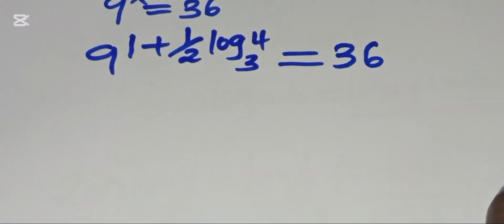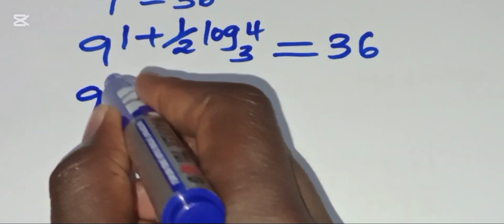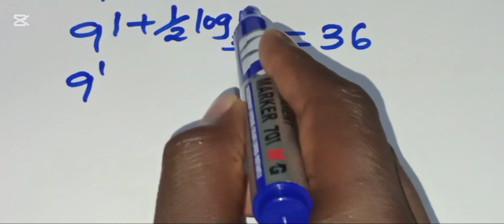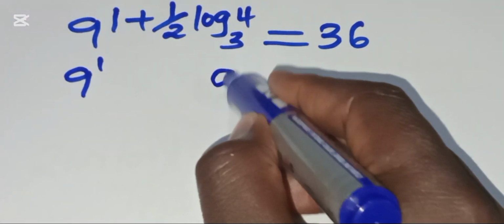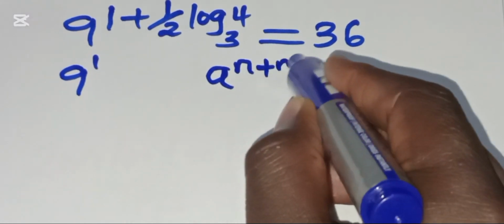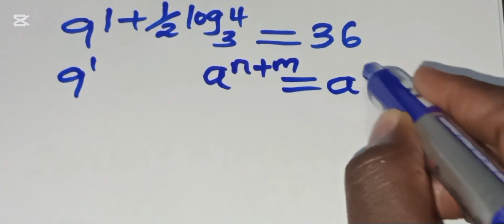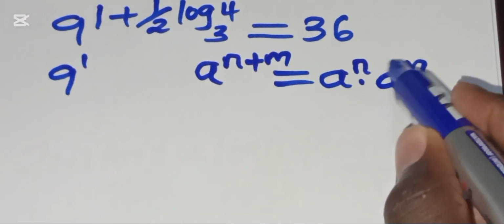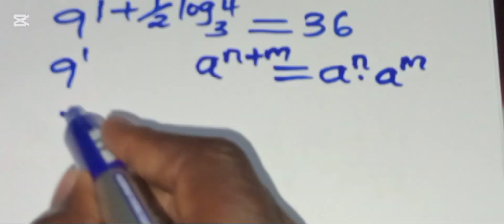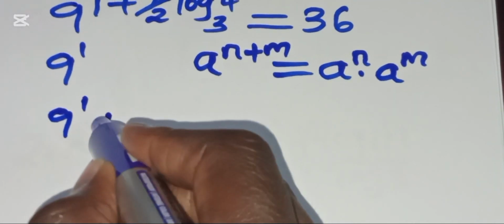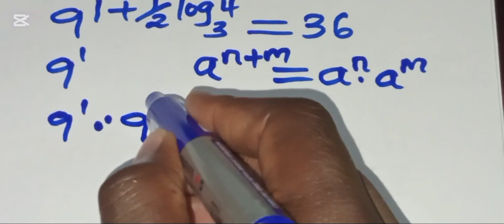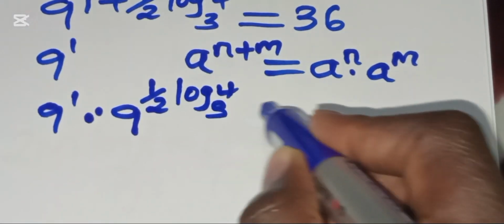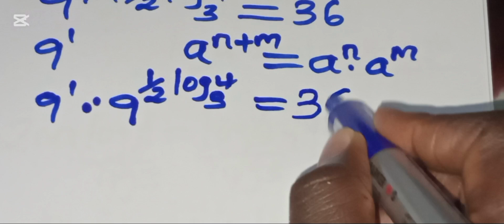Now, 9 raised to power 1 plus a half log 4 to base 3 is in the form of a raised to power n plus m, which we can transform as a raised to power n multiplied by a raised to power m. So let's apply this property so that we're going to have 9 raised to power 1 multiplied by 9 raised to power a half log 4 to base 3, and this is supposed to give us a value of 36.